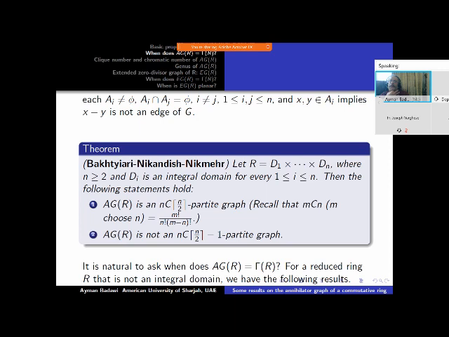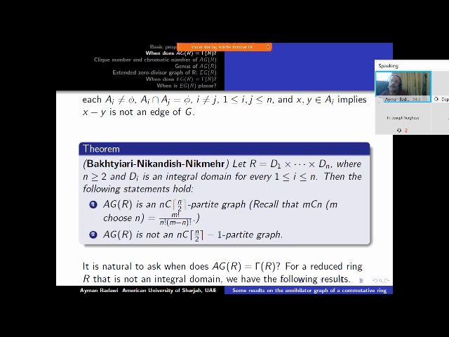In a bipartite graph, we only need to make sure that I can split the vertices into two sets, A and B, where every two vertices in A are not connected by an edge, and every two vertices in B are not connected by an edge.